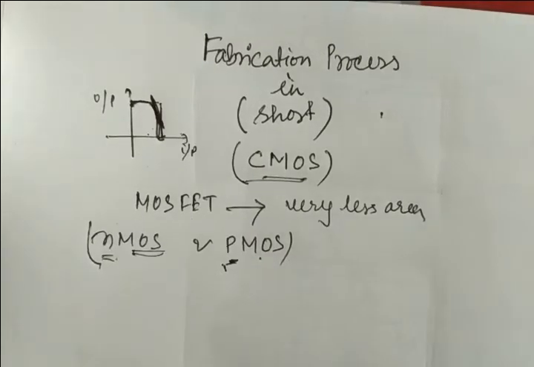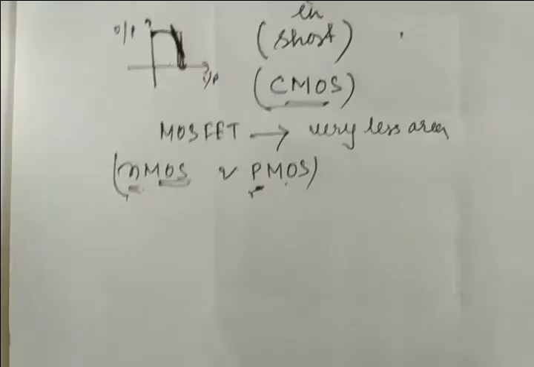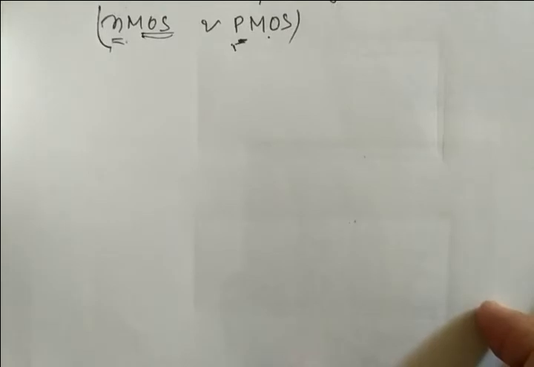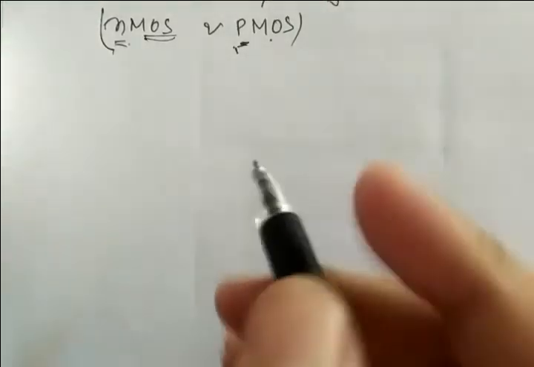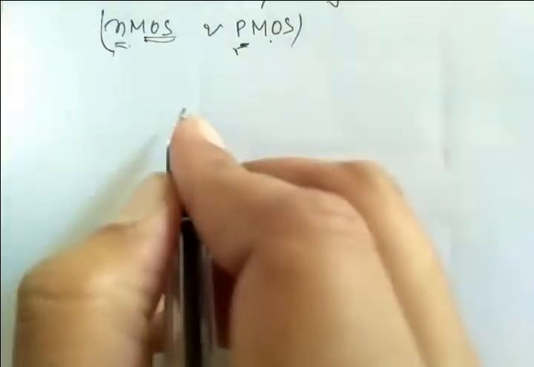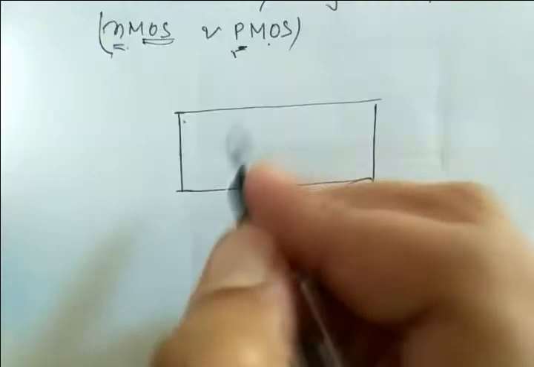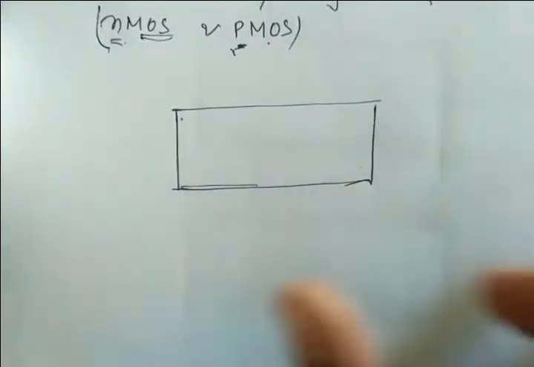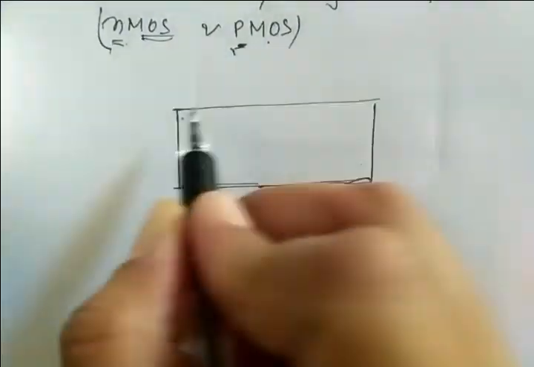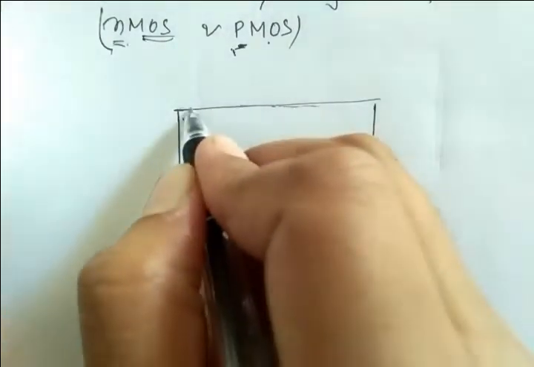Now I will discuss very briefly the structure of the MOSFET, what kind of structure we are going to build up. It is also known to you. This is a very basic structure, I am just drawing it casually.